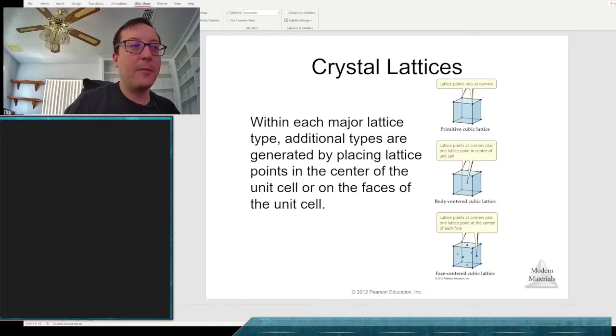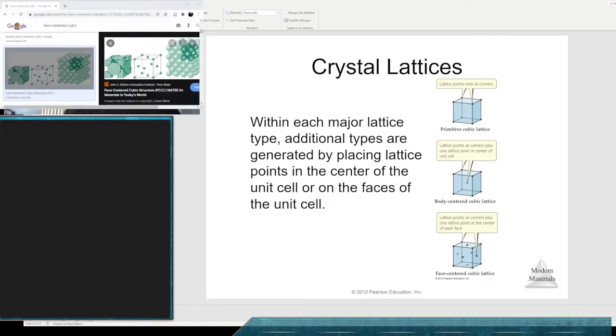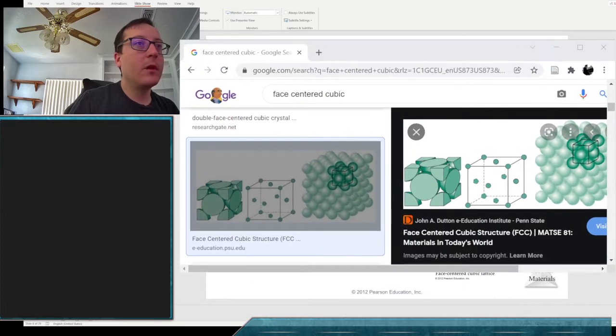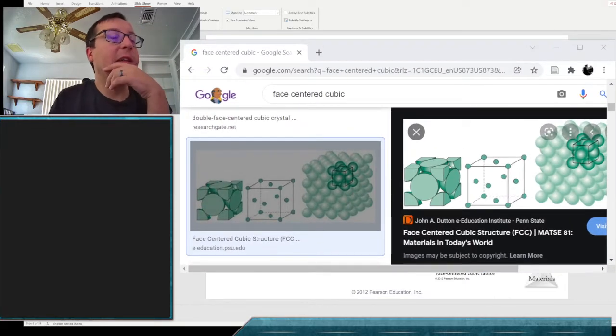Here's a good one. So if we take a look at another window real quick, let me pop this open so we can see it. With a face-centered cell like this, we're going to see that, again, we have each of these atoms in the corners, 8 of them, and then we also have atoms in all 6 faces.